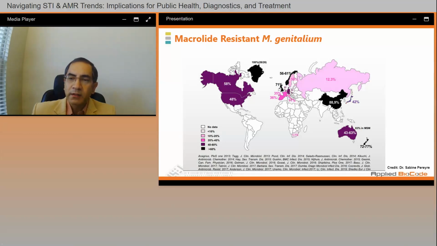I would like to caution that the number of studies and the number of samples included in each study varies significantly from one country to another country. Thus, the number may be under or overrepresented in the shown slide. There are a lot of countries where we do not know the prevalence of macrolide resistance in M. genitalium.